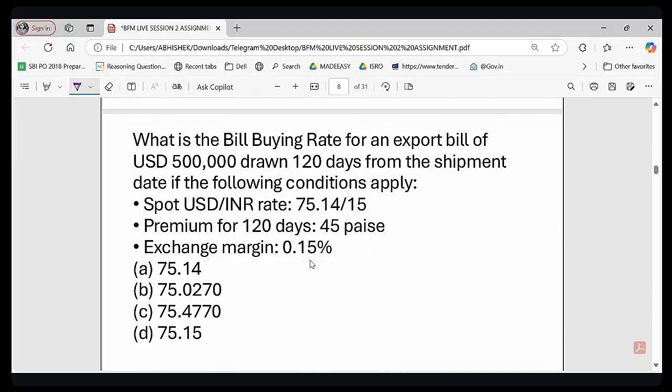Exchange margin is 0.15%. And here are your options: 75.14, 75.0270, 75.4770, and 75.15. Take a moment to think and try solving this. Remember to consider all the conditions provided.